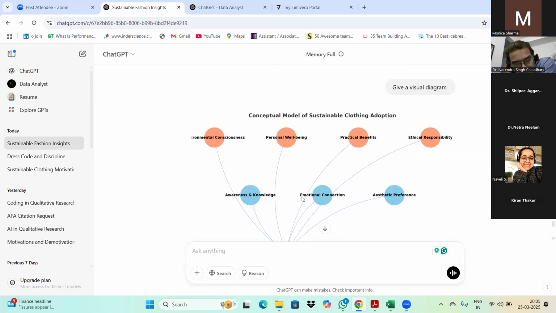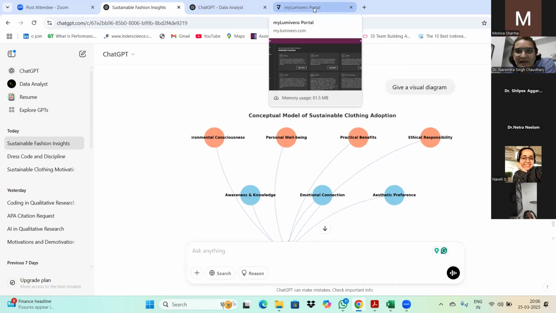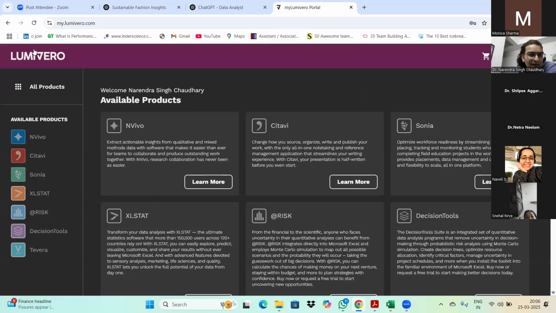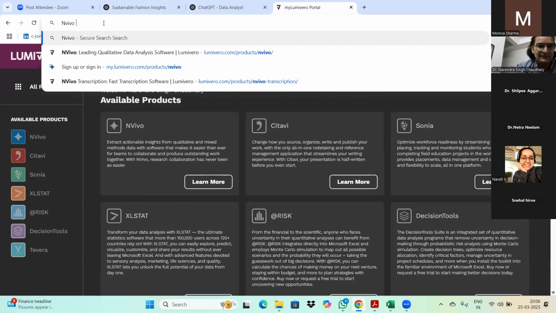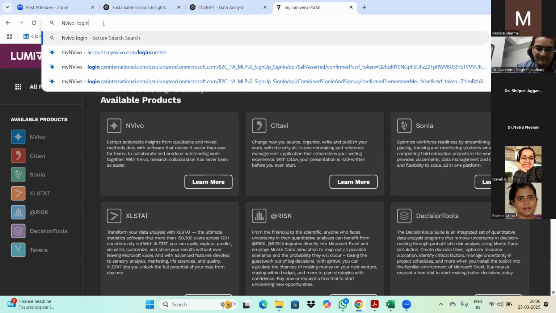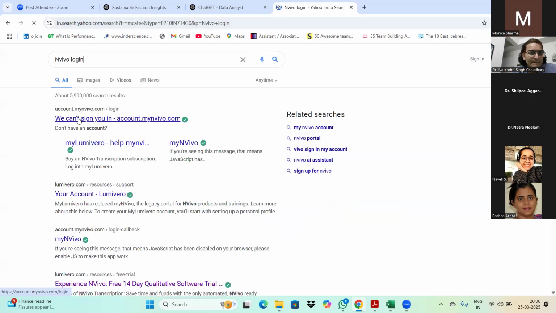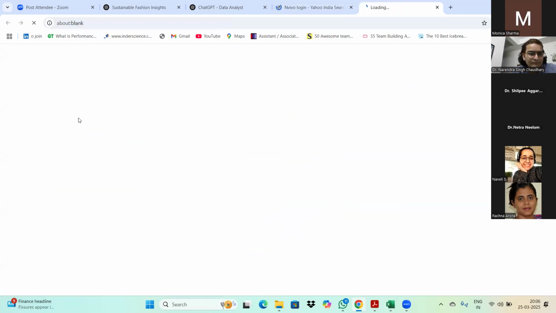If we have to do the same thing in NVivo, similar kinds of things will come. We create those open codes and then put them into the software, or we do it manually. Let me just log in to my NVivo if I'm able to, because I've already put this data over there.